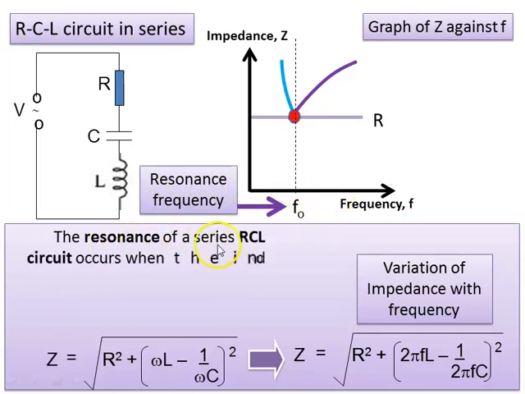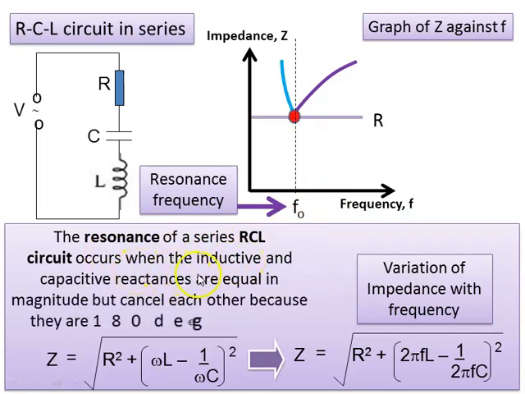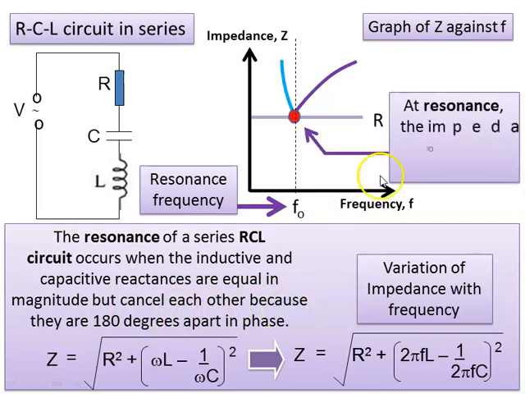The resonance of a series RCL circuit occurs when the inductive and capacitive reactances are equal in magnitude, but cancel each other because they are 180 degrees apart in phase. So at resonance, the impedance of the circuit is purely resistive.